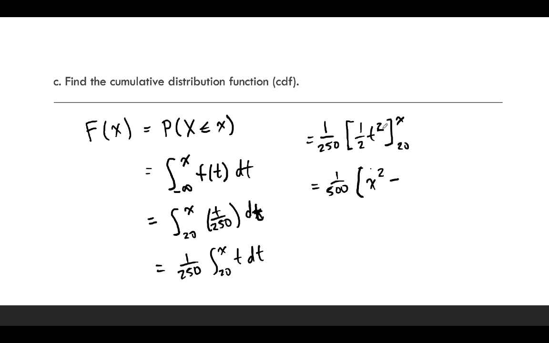So it's going to be 20 squared, and let's just jump to 400 right there. If you're confused where this 1/2 came out, it came out here and gave me this 1/500. And now I have a full expression for my cumulative distribution.